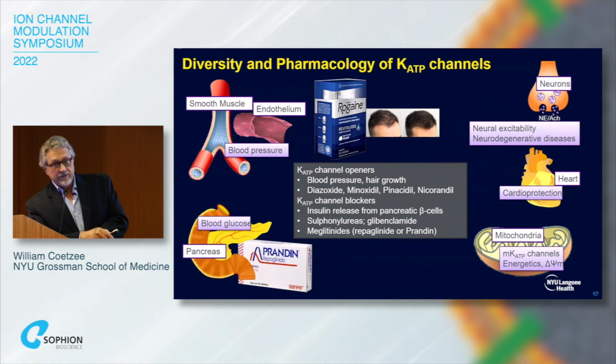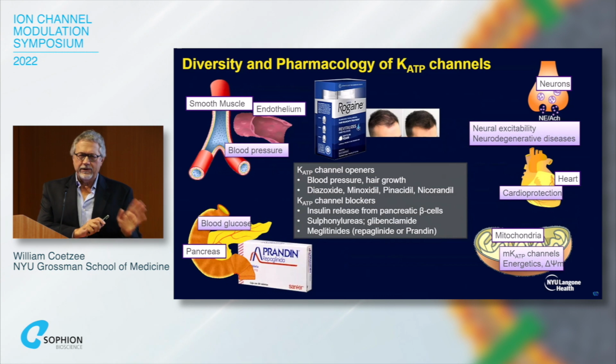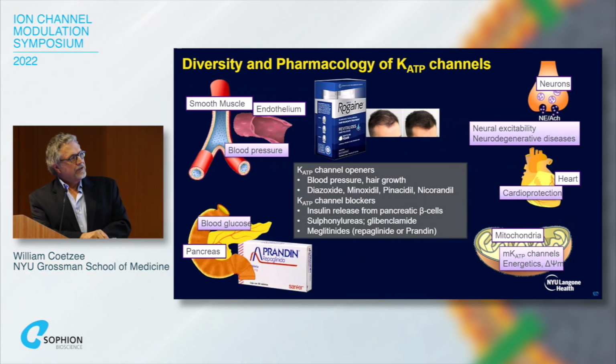In neurons, they play an important role in neuronal excitability, and there's even evidence that they might help release some of the transmitters in some sympathetic and parasympathetic neurons. There's a lot of interest in the heart, how opening of the KATP channels can lead to cardioprotection. Then there's also a subclass of KATP channels, probably a different kind of channel in mitochondria, that has gotten a lot of interest in the literature as well.